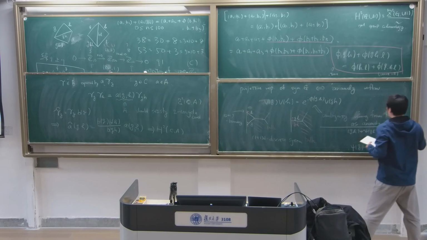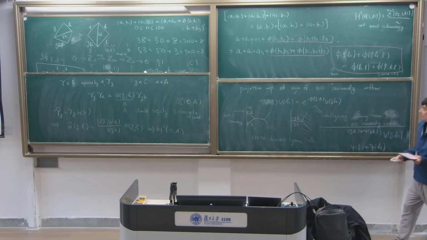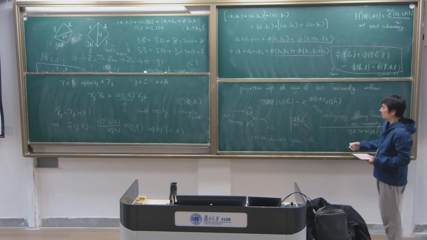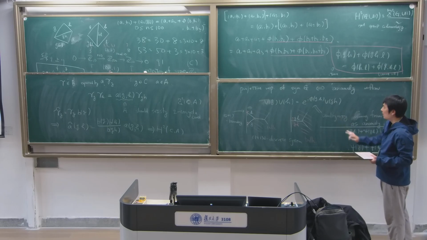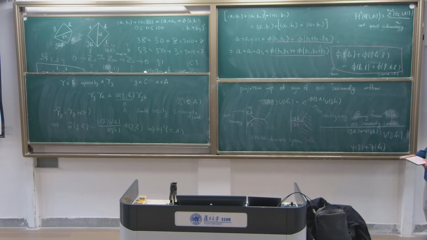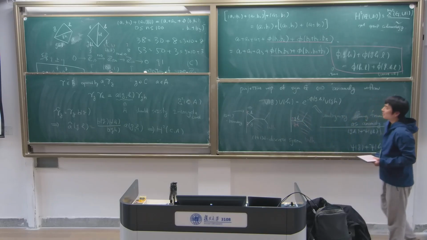So the notion we encounter here is really something called ambiguity, which is called anomaly inflow from the bulk.